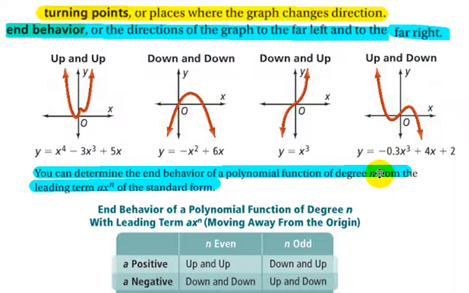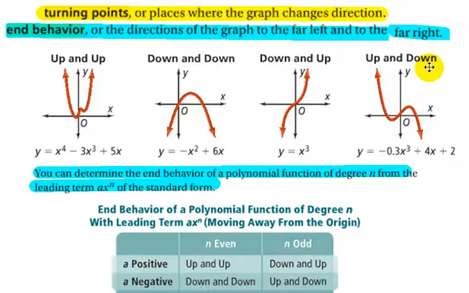The next thing we talked about were turning points and end behavior. A turning point is just a place where the graph changes direction. So if it's coming down this way and it goes back up, that's a turning point right there where it switched directions, and it can turn again. It can turn several times. The end behavior is how the graph begins and ends.